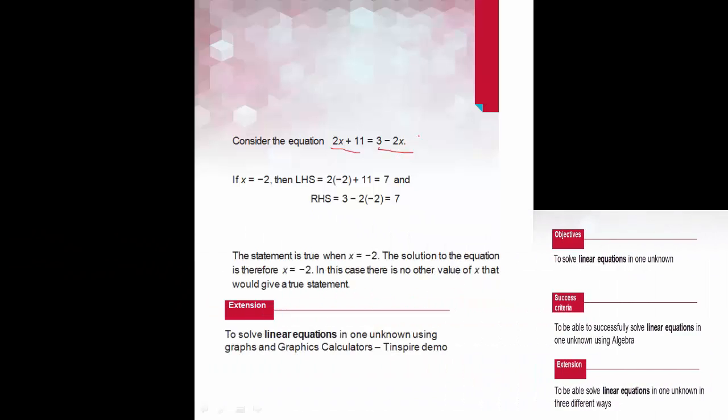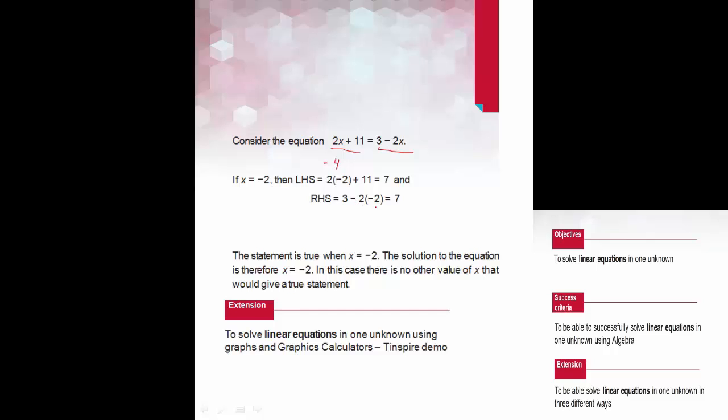So you try 0, 1, 2, minus 1, minus 2, and then you'll find that at minus 2, the left hand side, if you substitute x with minus 2, is equal to 2 times negative 2, which is negative 4, plus 11 is 7. And on the right hand side, 3 minus 2 times negative 2.